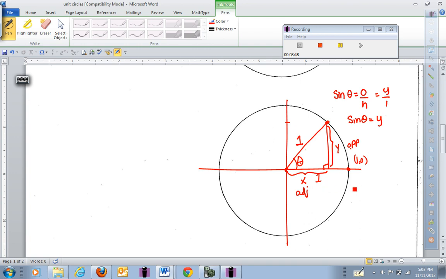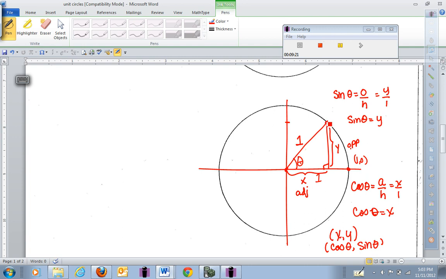Alright, if I do the cosine of theta, the cosine of theta is adjacent over hypotenuse. That's this length of x right here over 1. Well, x over 1 would just give me cosine theta is equal to x. So if my ordered pair is x comma y, then my ordered pair would be cosine theta, sine theta.